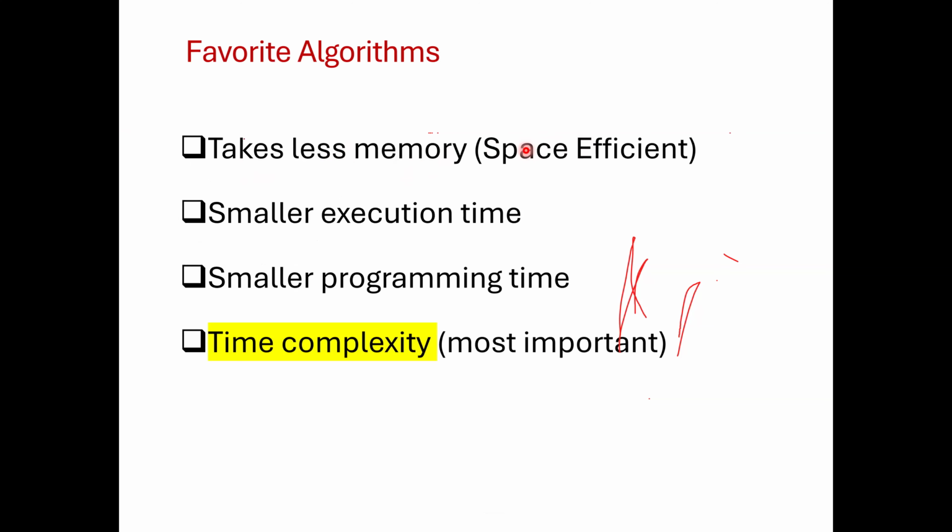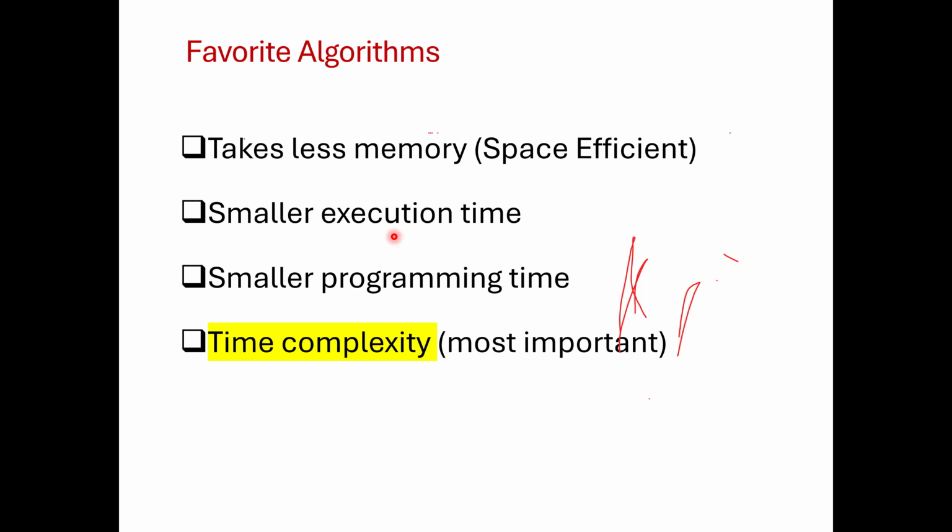So given the same problem, one program might need less memory than the other. The one that needs less memory, we say, is more efficient than the one that needs more memory. Then the amount of time, execution time, the one that needs smaller amounts of time to execute and solve the problem, we say is more efficient than the others.